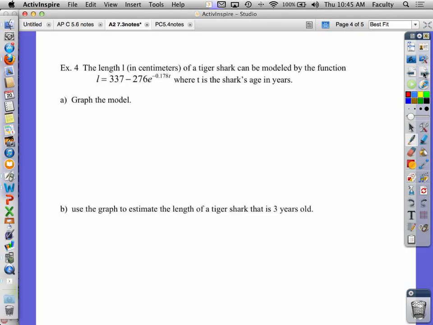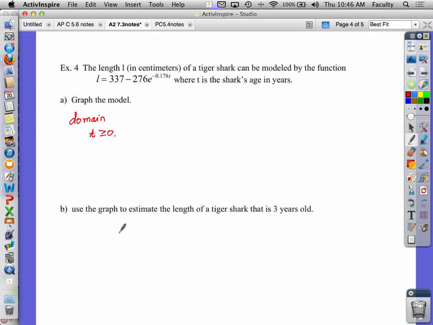Now the domain here, it does not make any sense to say that the age of the shark in years can be negative, right? So the domain for a situation, you have to adjust case by case. So t, the domain would be greater than or equal to 0, so be careful with the situation.